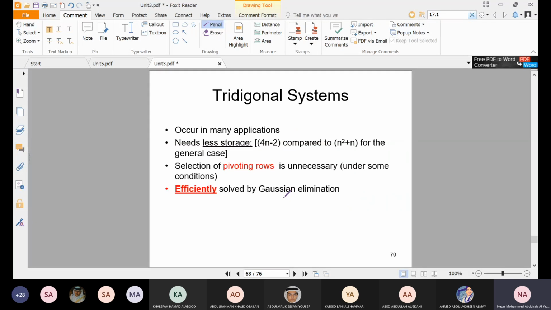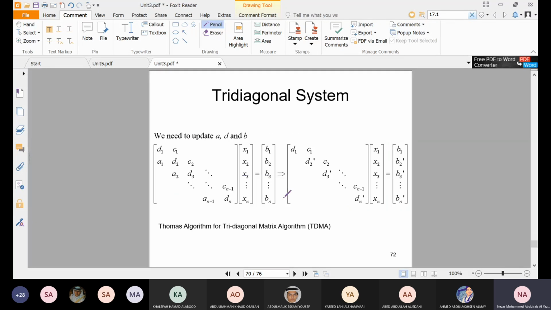So let's look at the algorithm that we have. This is the tridiagonal matrix. We need to update the values of the A's, D's and B's. By using this algorithm, we convert this matrix to a new matrix by converting the A's to zeros.